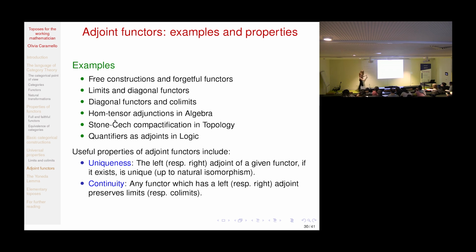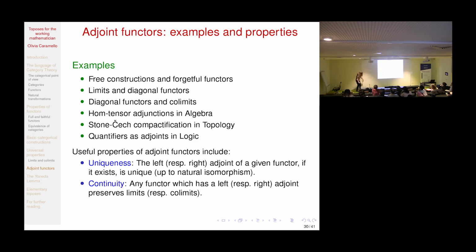So here we write lim of F as just the vertex of the limit cone. So here we forget about the structure arrows. We take just the vertex. But you see, by the universal property of lim of F, we get this bijection.